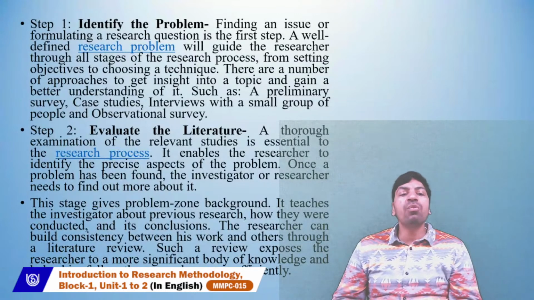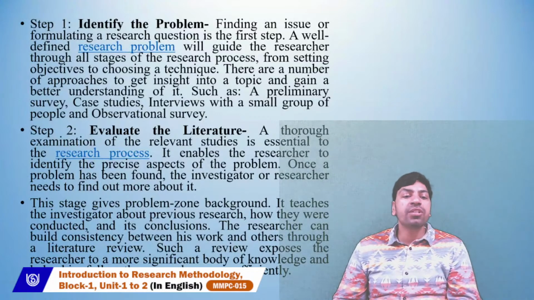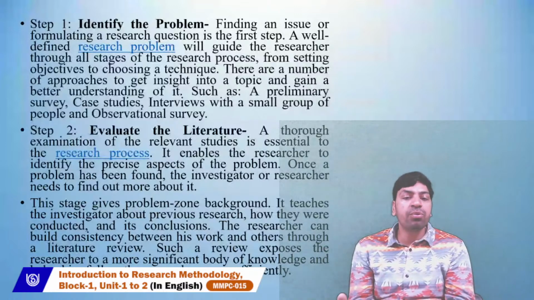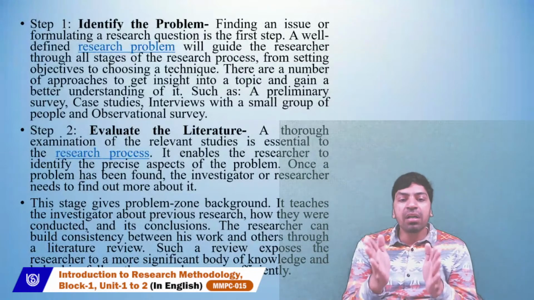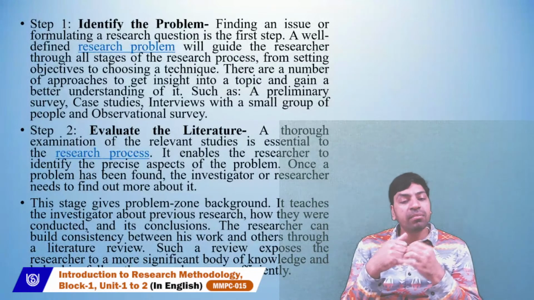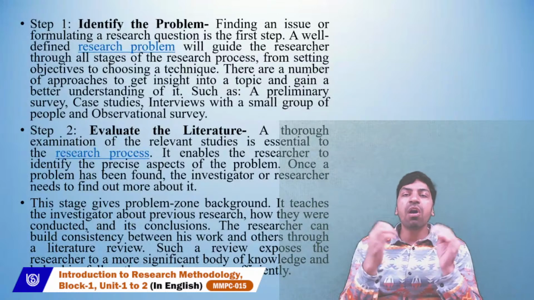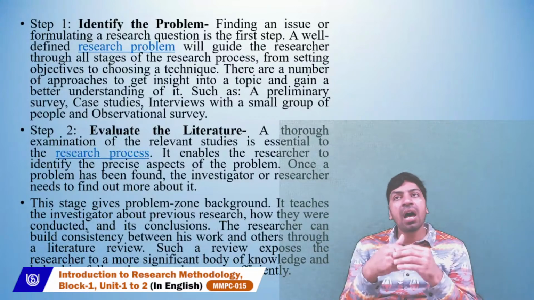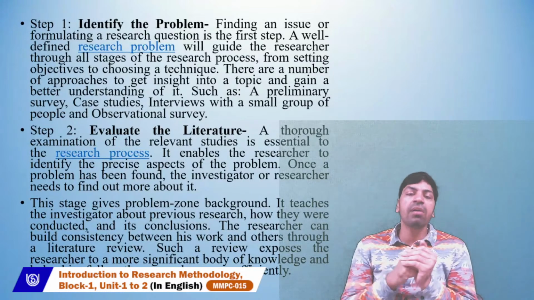This stage gives the problem background. It teaches the researcher about previous research, how such studies have been conducted, and their conclusions. The researcher can integrate or differentiate the existing authors' work through a literature review. It exposes a significant body of knowledge and helps the researcher follow the research process efficiently.